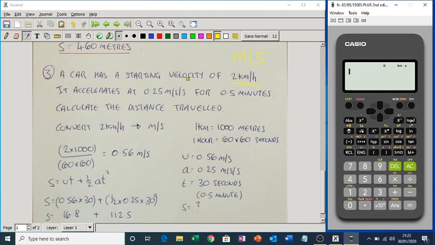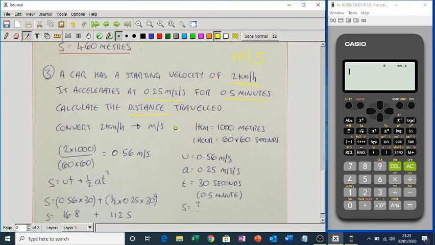So a car with starting velocity of 2 kilometers per hour, accelerates at 0.25 meters per second squared. That's in the right unit, so that's all right. It goes for 0.5 minutes. Don't forget we need to be in seconds. We have to convert that into seconds, and we need to know how far, distance, displacement s.